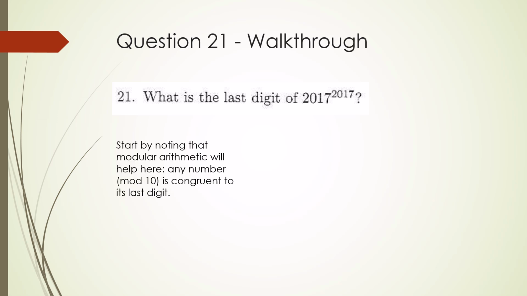All right, so here's a walkthrough. So I want to start by noticing that for questions like these, modular arithmetic is your best friend. What is modular arithmetic? Modular arithmetic asks you the question of, if you take some number, let's say 15 for instance, and divide it by another number, let's say 4, what's the remainder that you end up with?